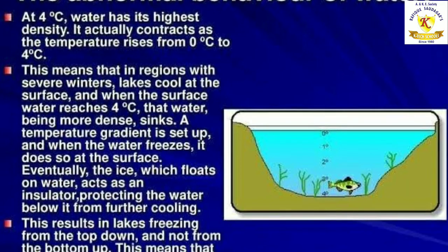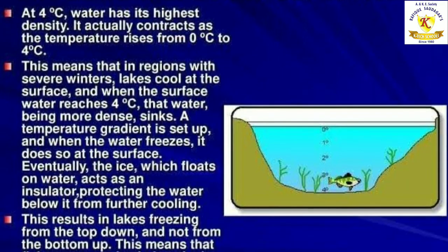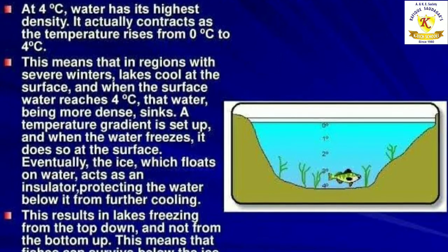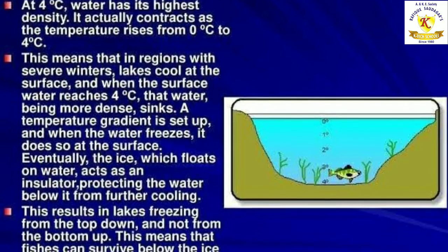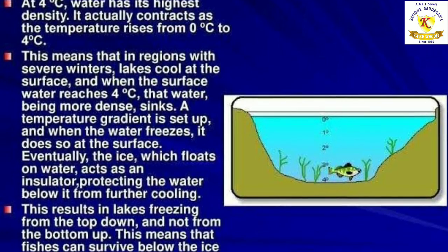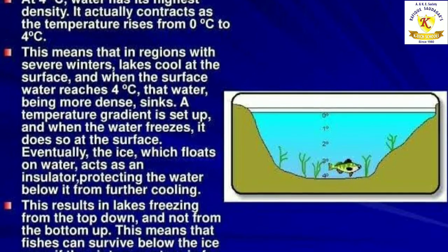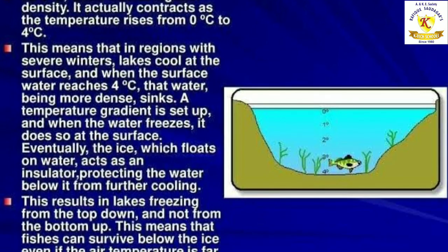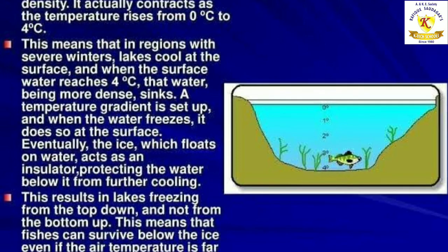A temperature gradient is set up, and when the water freezes, it does so at the surface. Eventually, the ice which floats on water acts as an insulator, protecting the water below it from further cooling. This results in lakes freezing from the top down and not from the bottom up.